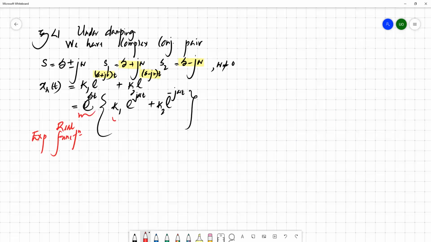But what about these two? This is a complex function. Why do we have this complex exponential? Because e to the power j omega t is there. We know that the natural response is a real function. Xn is a real function.